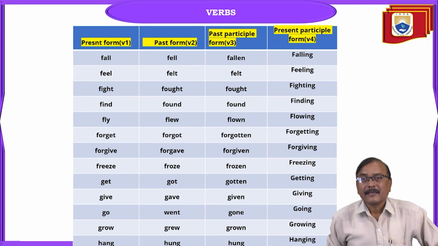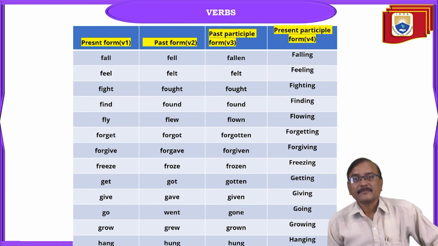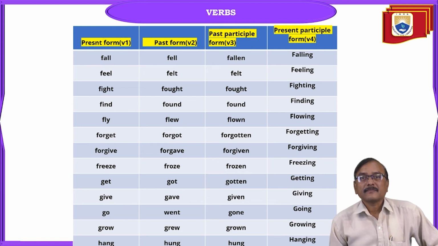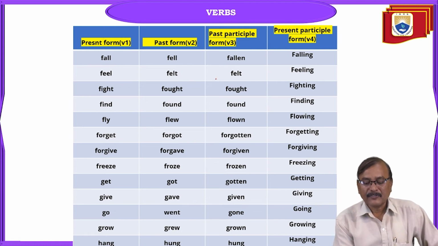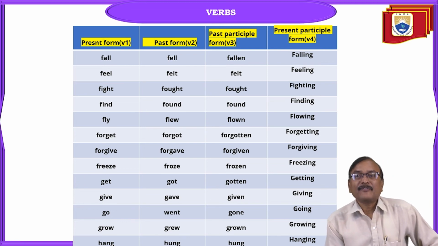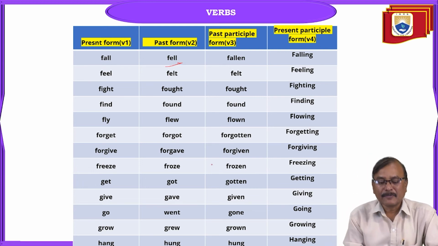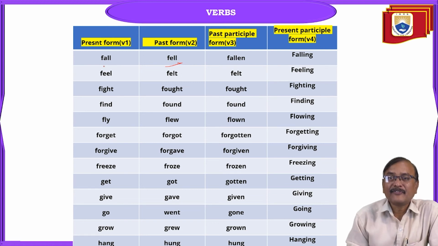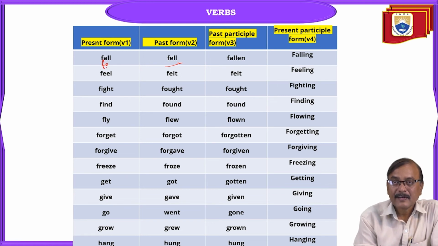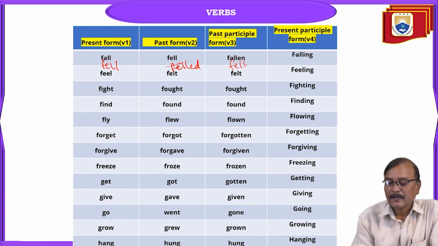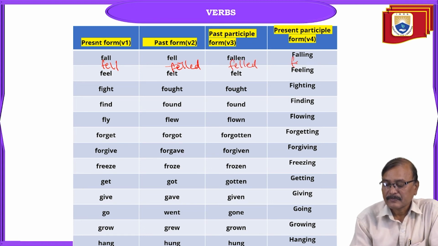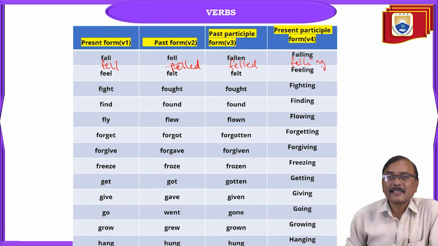And I'll tell you some more where we go wrong. See here. Feel, felt, felt. Fall, fell, fallen. Fell is the V2 form of fall. But there is another verb like fell: fell, felled, felled, felling.